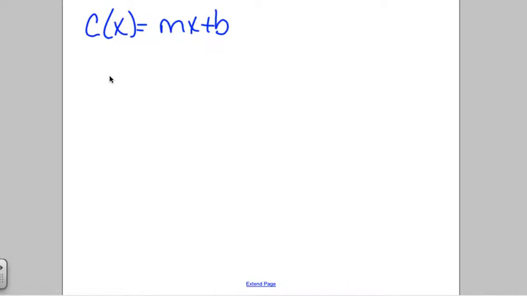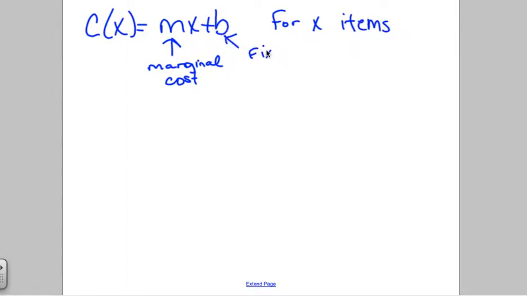This is our cost equation. Our cost equation is our marginal cost, it's just how much it costs per item, times how many items, so this is for x items. And then our fixed costs here.